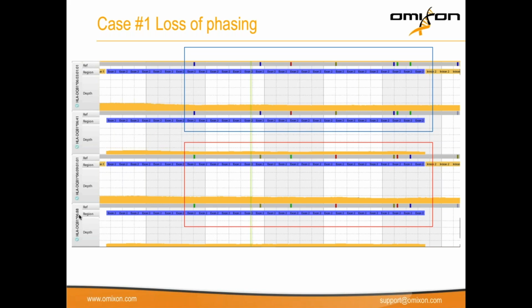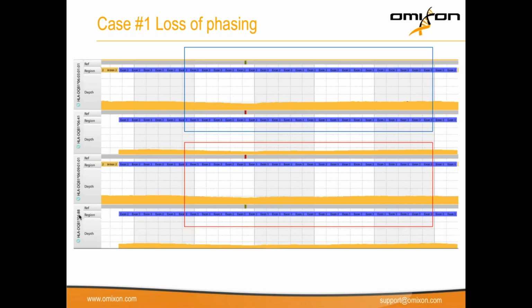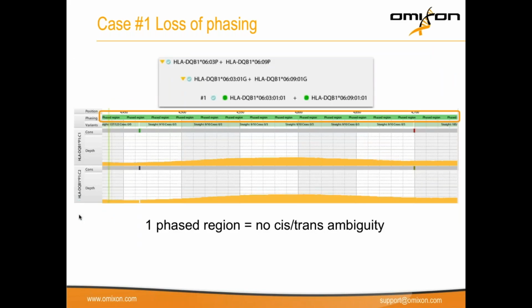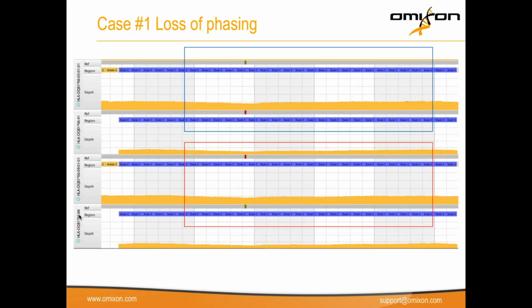So there are no separating differences in exon 2. Looking at exon 3, there is only 1 SNP difference between all 4 alleles, this G/A nucleotide.